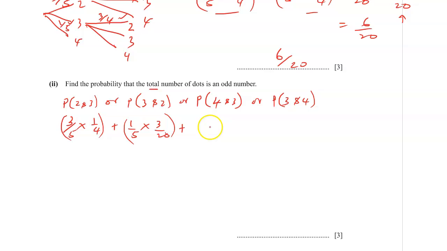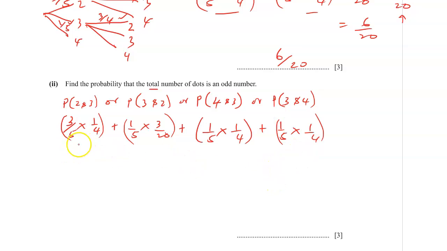Then picking a 4 will be 1 over 5th. To pick a 3, now that he has picked a 4, will be 1 over 4, plus if he has to pick a 3 first, this will be a 5th, times pick a 4 will be 1 over 4.